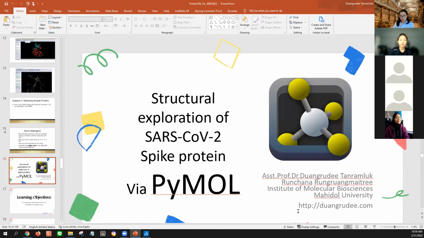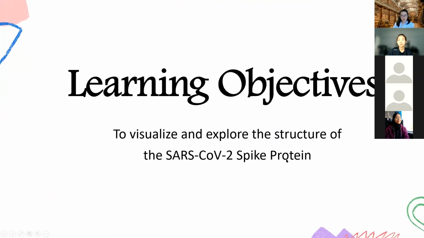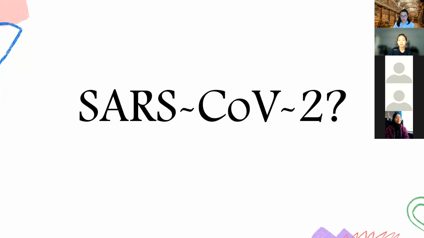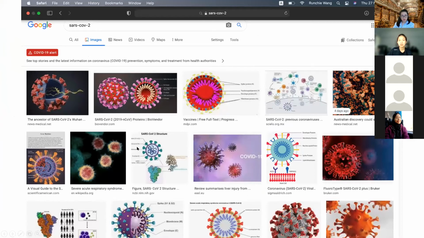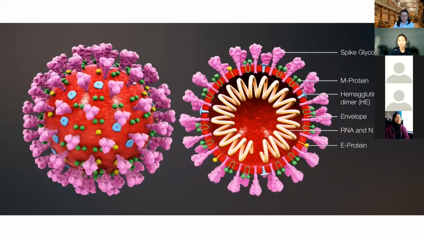So now the structural exploration of SARS-CoV-2 spike protein. We want to help you to visualize and explore the structure of SARS-CoV-2 spike protein. So this is the coronavirus as I showed in the previous videos.